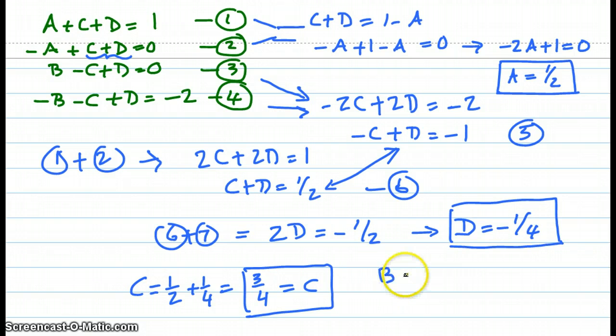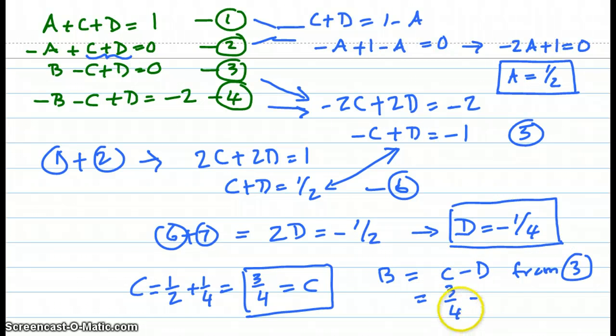So b equals c minus d from equation 3. So if I substitute, I get 3/4 minus minus 1/4, that will make it 1/4. So that's 1. So b is equal to 1.